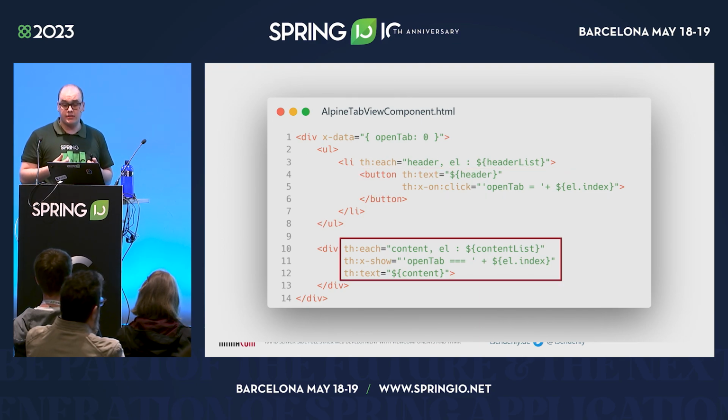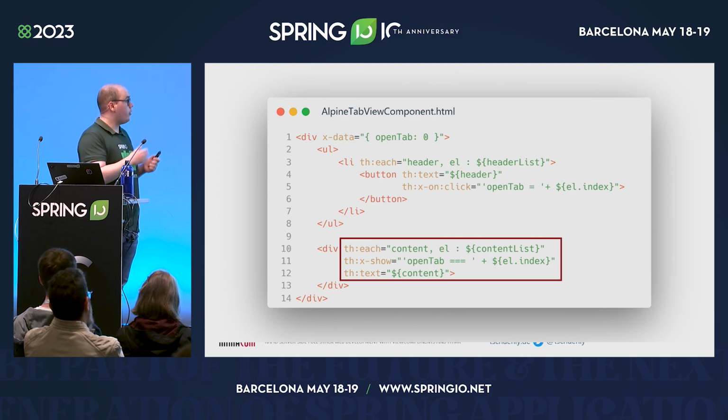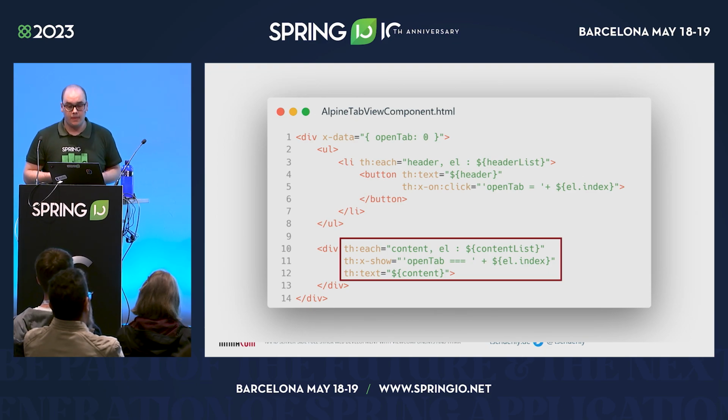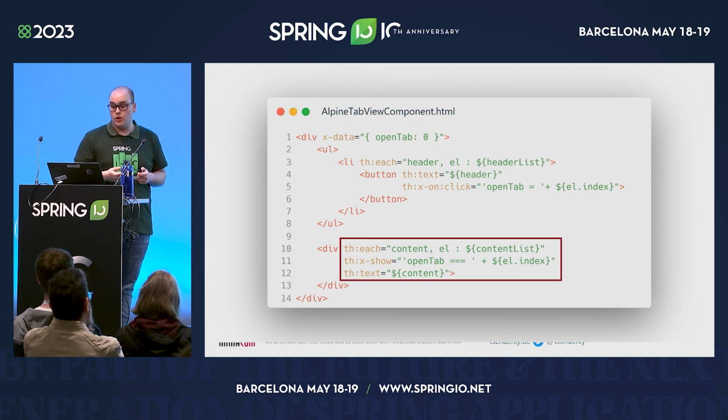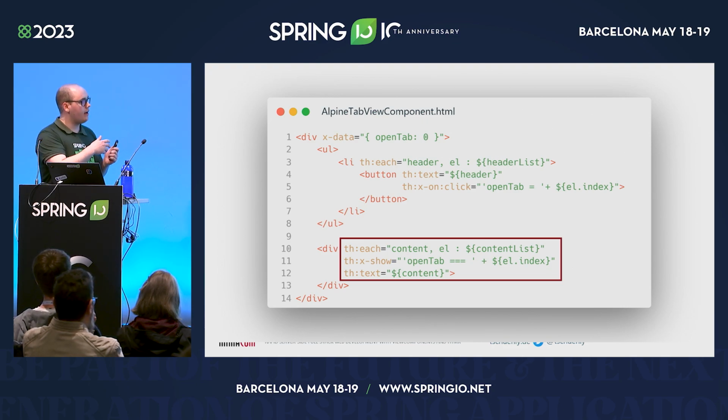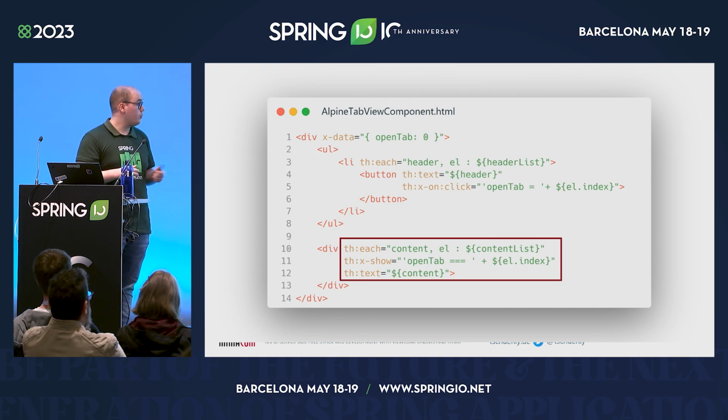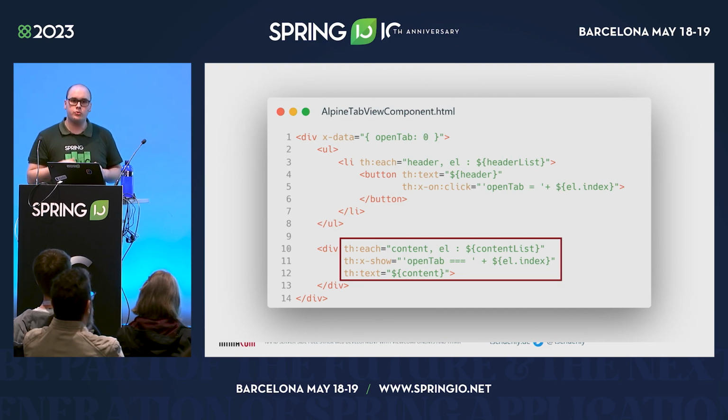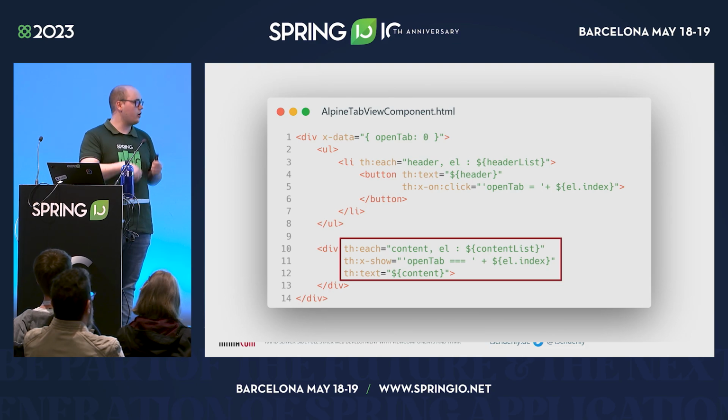Finally, we show the content in our div for each item in our content list. With the Alpine x-show attribute, we toggle the visibility of our content element with the header element with the same index. We set, with the th:text attribute, the inner HTML of our content from our content list.